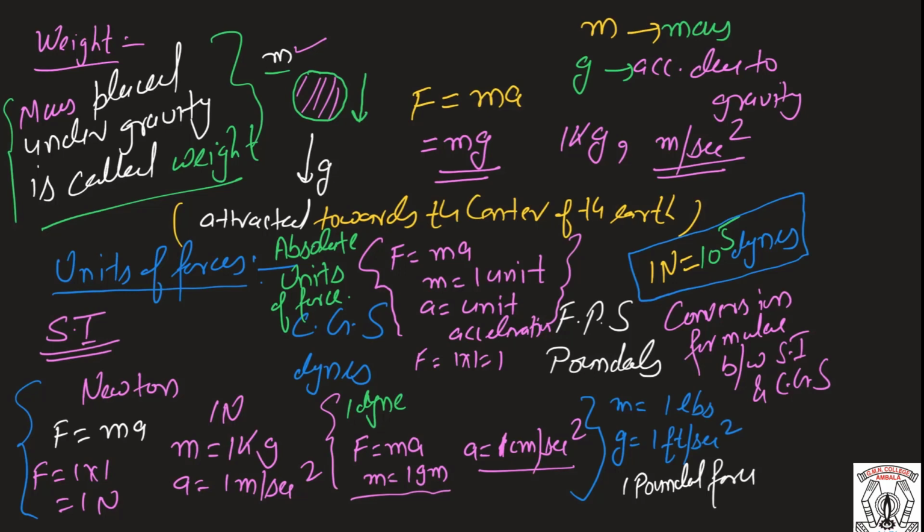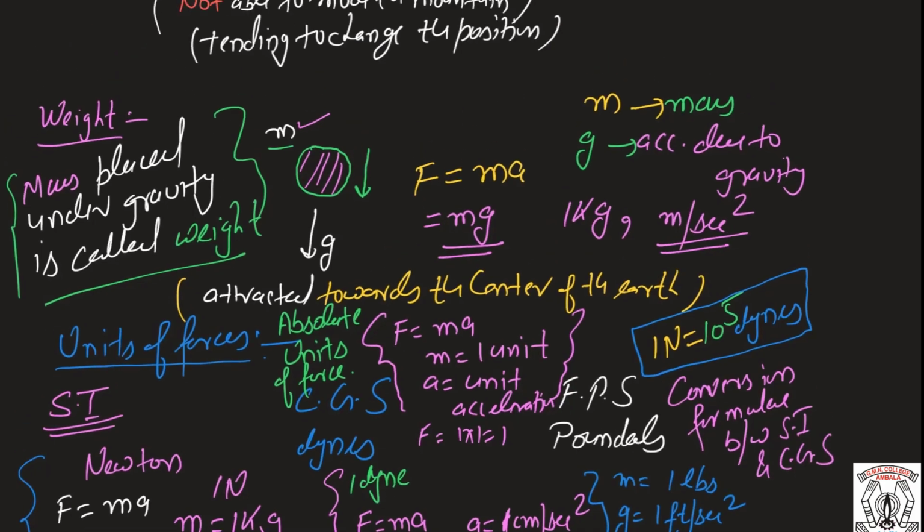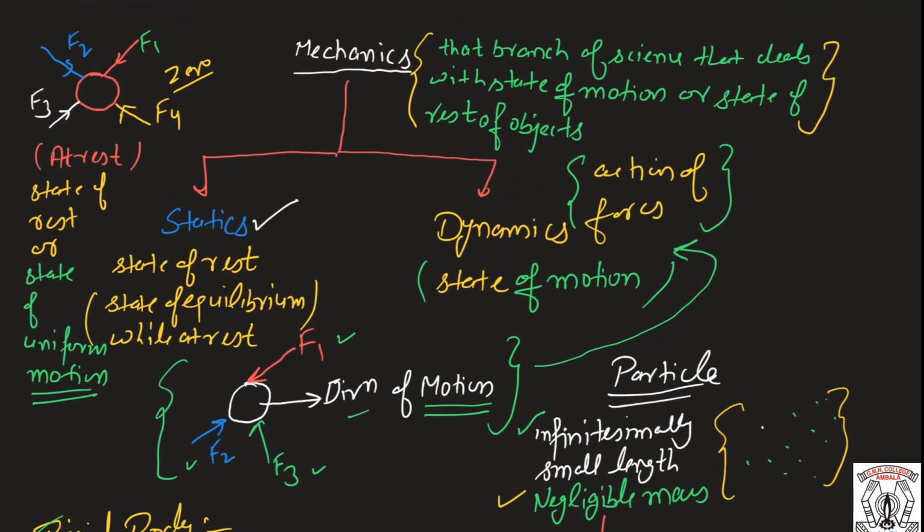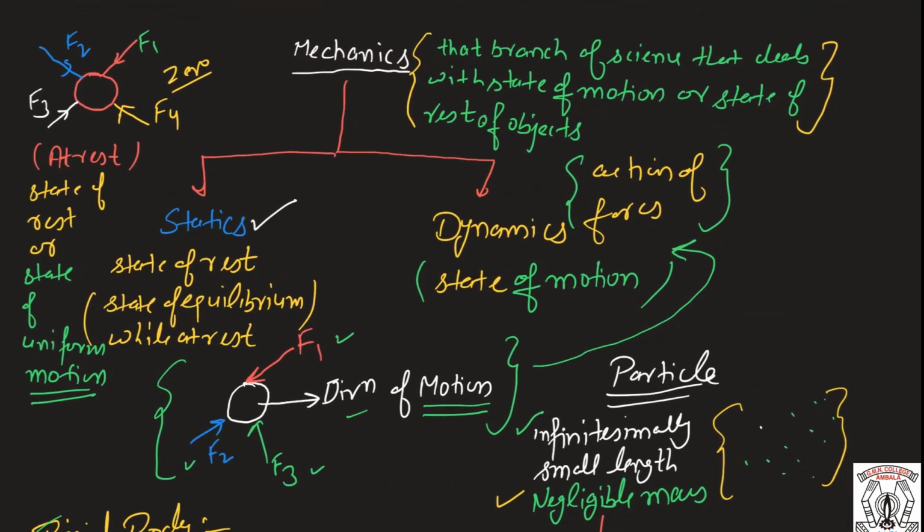So in this lecture we have studied the concept of mechanics. I am once again revising the things. We have studied the concept of mechanics that deals with the state of motion or state of rest.